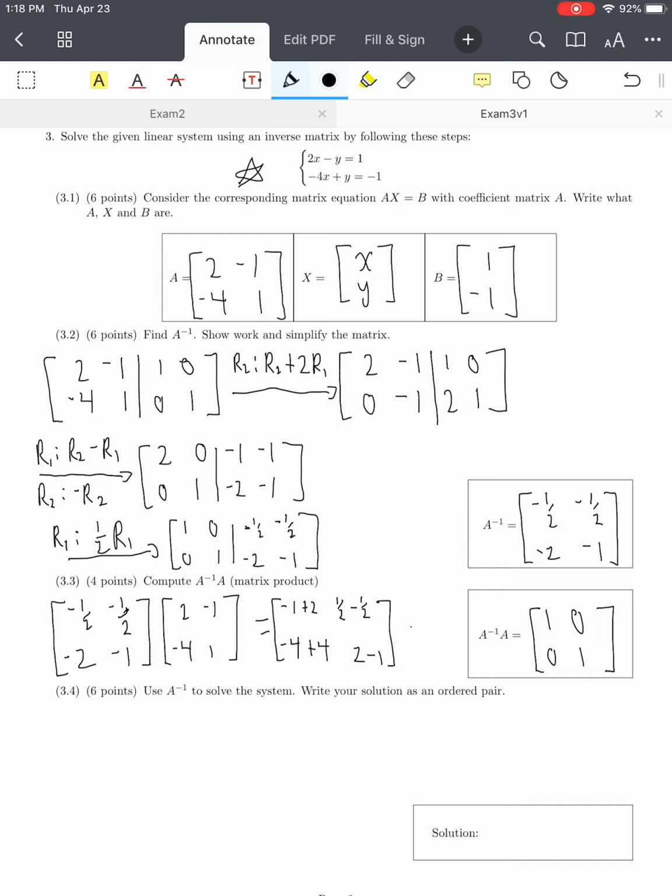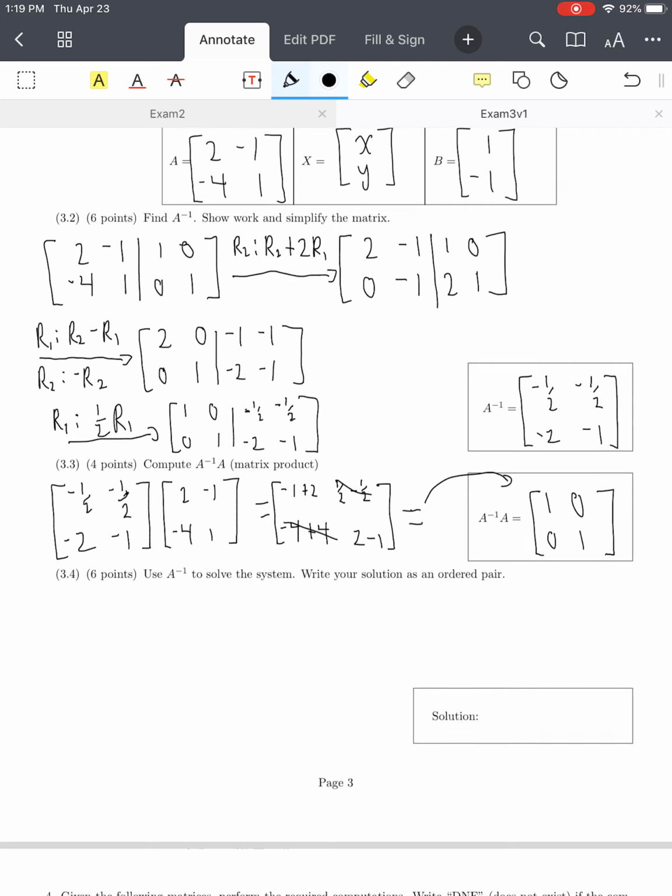So once we simplify this, we get the identity. So these guys cancel, and then we get 1 and 1 in the corners. So that's what we wanted. If we didn't get the identity, then we would know that we did something wrong, and we would go back to part 2 and double check everything.